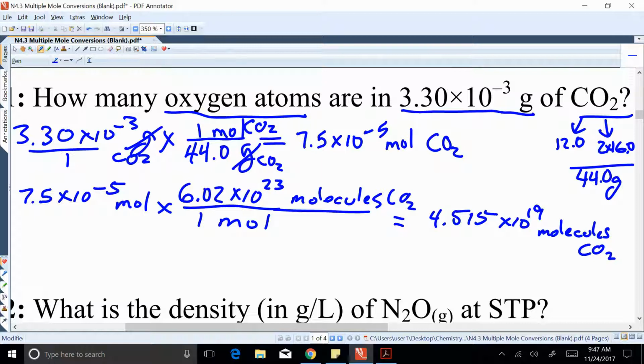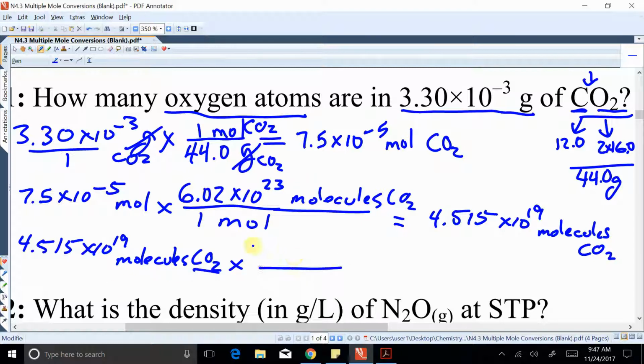So in every molecule of carbon dioxide, taking a look back, we have 1 carbon and 2 oxygens. We're going to be writing ourselves a conversion factor. We need to convert between carbon dioxide and oxygen atoms.